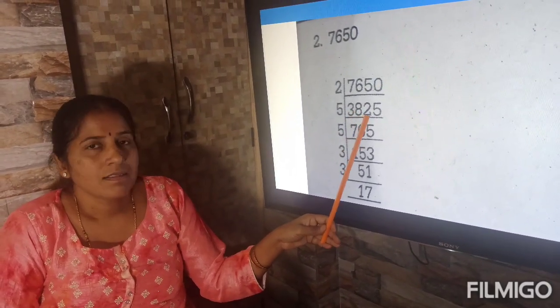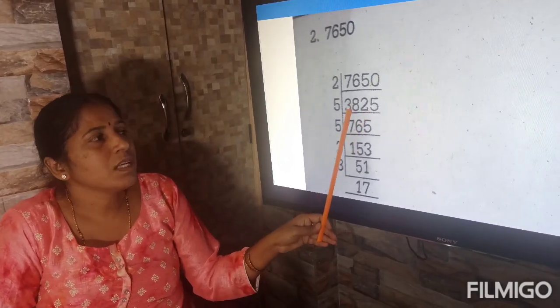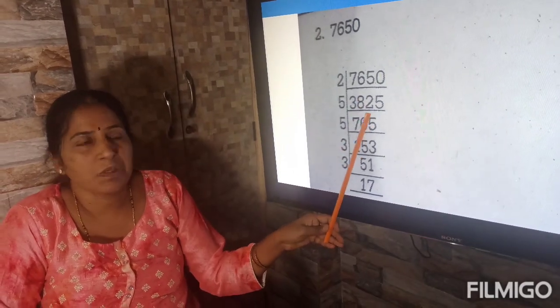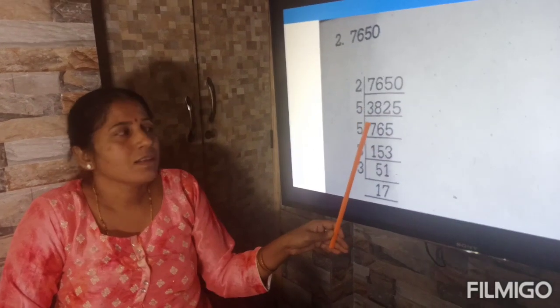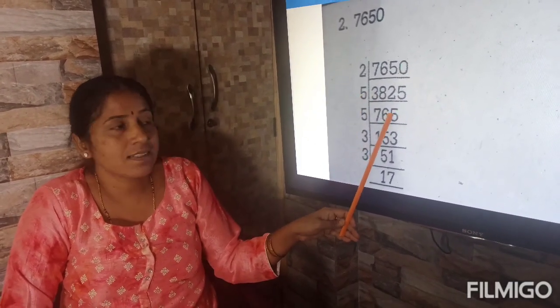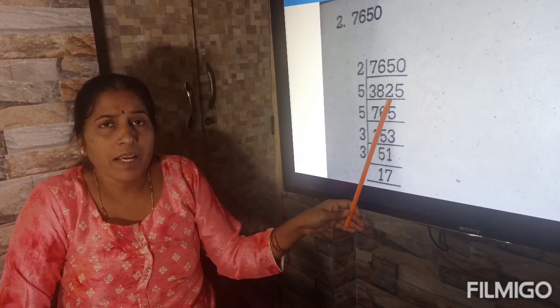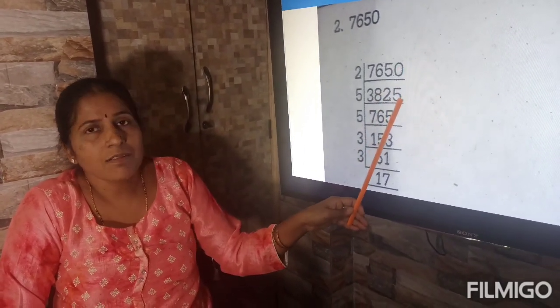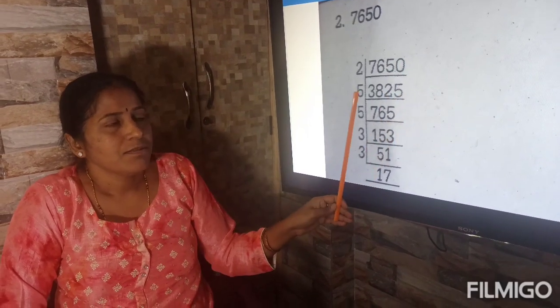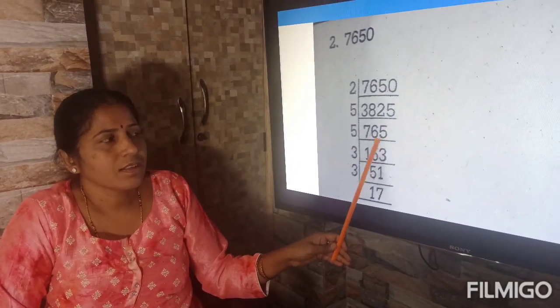That 3 with 2 becomes 32. 32 divided by 5, 5 6s are 30. Again 2 remains, then with the next 5, it is 25. 5 5s are 25.